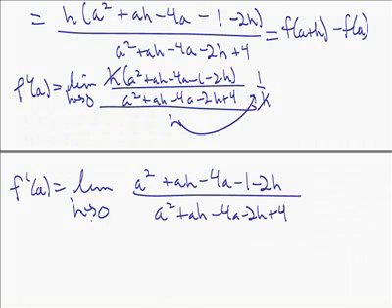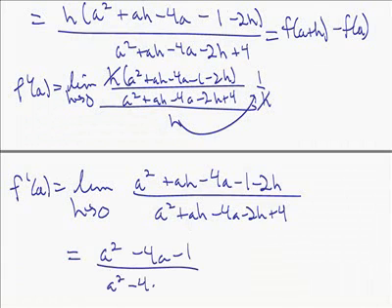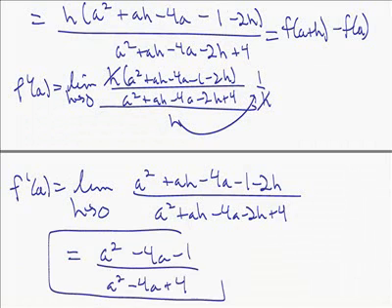Now this function is defined at 0, where h is equal to 0, so we can go ahead and plug the limit in, and we get a squared plus 0, so a squared minus 4a minus 1 divided by a squared minus 4a plus 4. And that, my friends, is f prime of a.